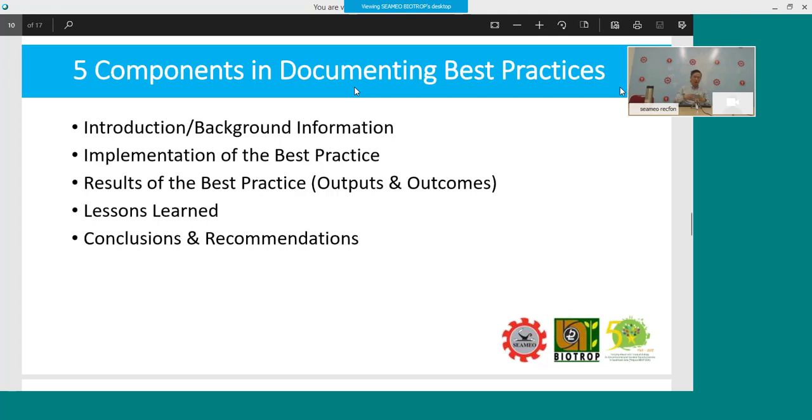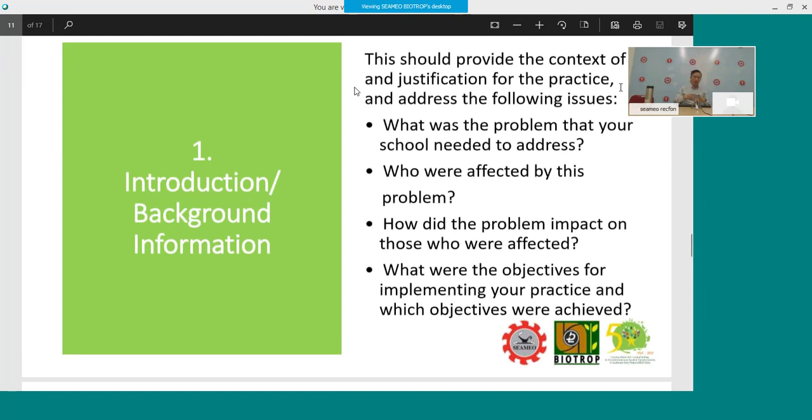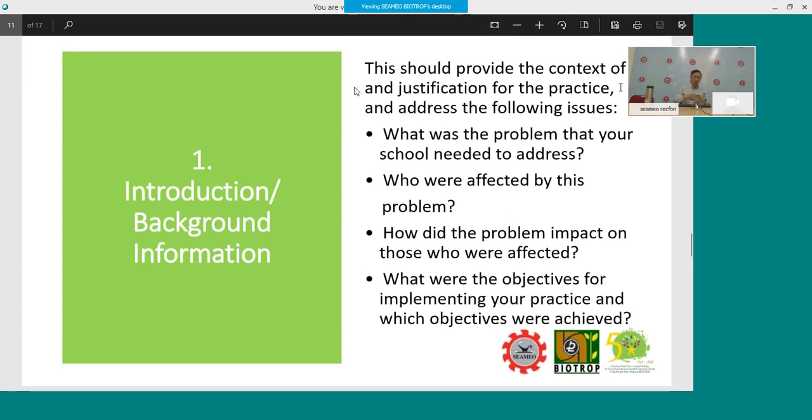It includes, first of all, of course, an introduction or background information about our project. The introduction and background would answer the justification for the practice that we call best practice and should address the following issues. What was the problem that your school needed to solve? That's why you call your practice a best practice.